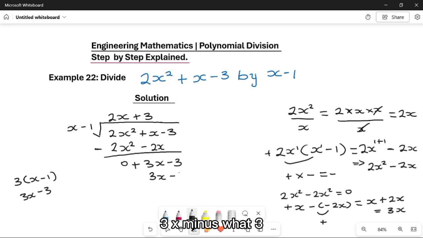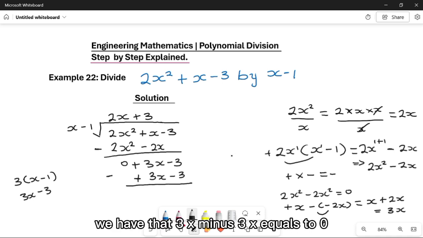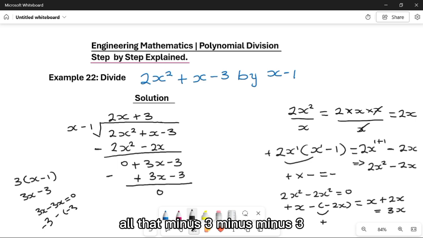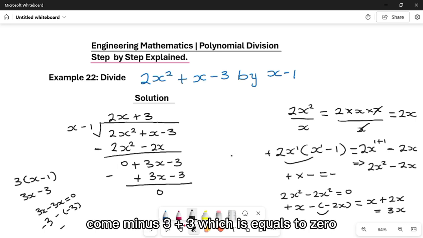3x minus 3. So if we subtract, we have that 3x minus 3x equals 0. So here will be 0. And minus 3 minus minus 3 will become minus 3 plus 3, which is equal to 0.